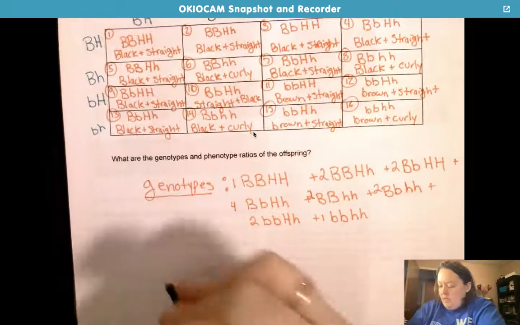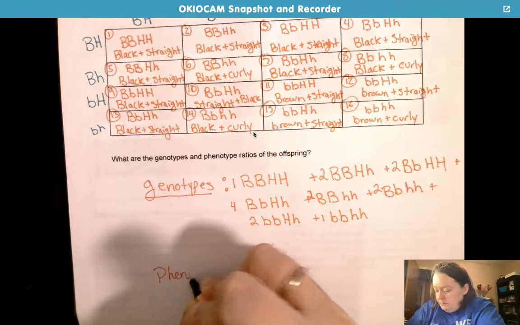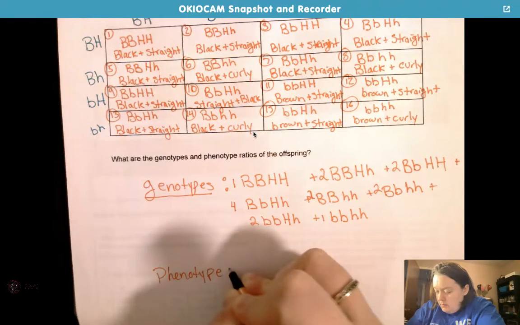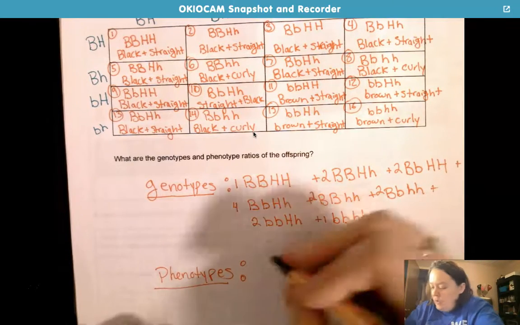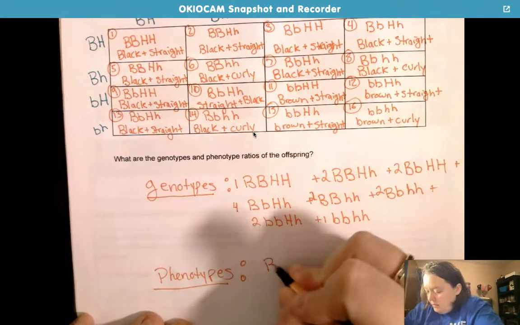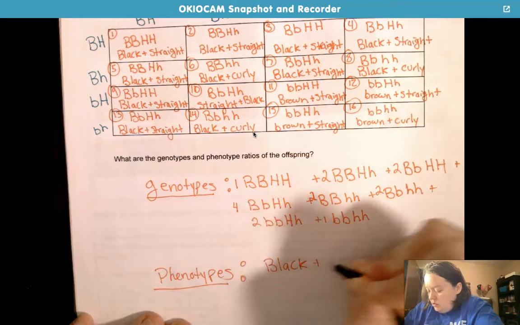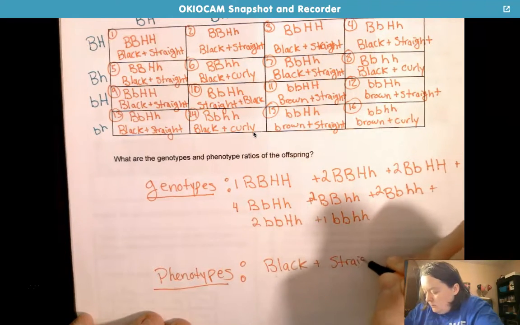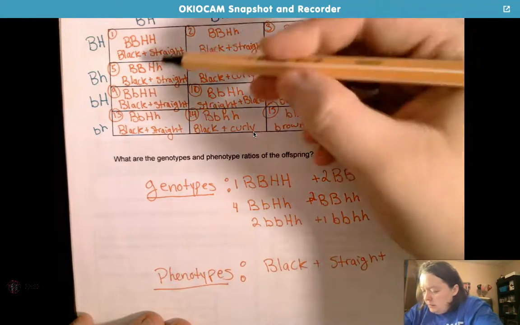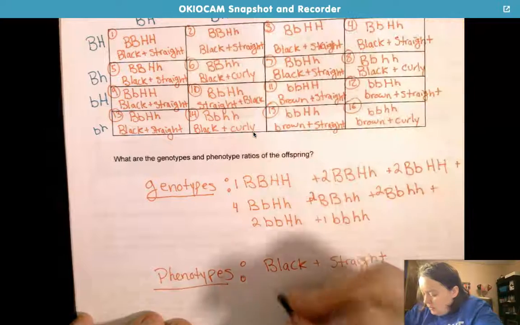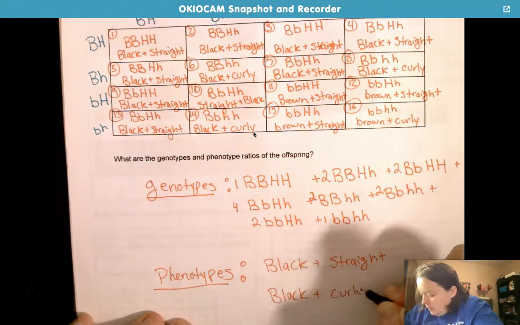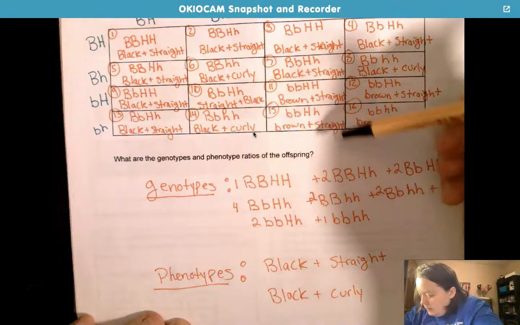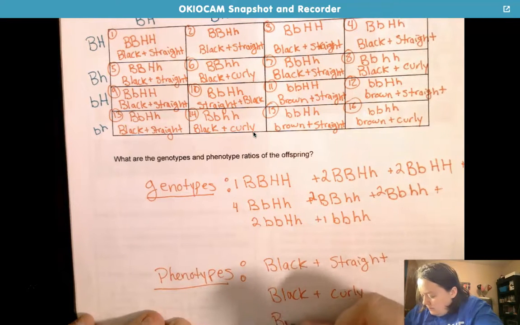All right, now we have phenotypes. Phenotype ratios, all the different ways they look. Well, we have one that's black and straight. We have a black and a curly. We have brown and straight.